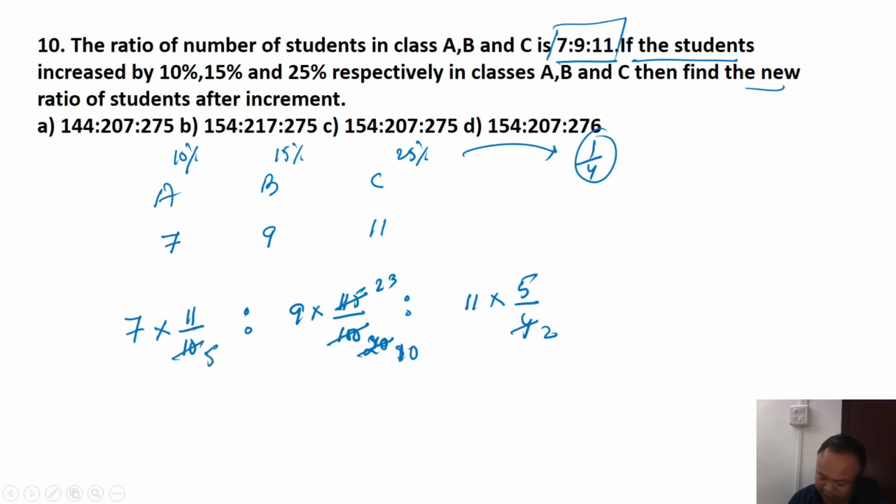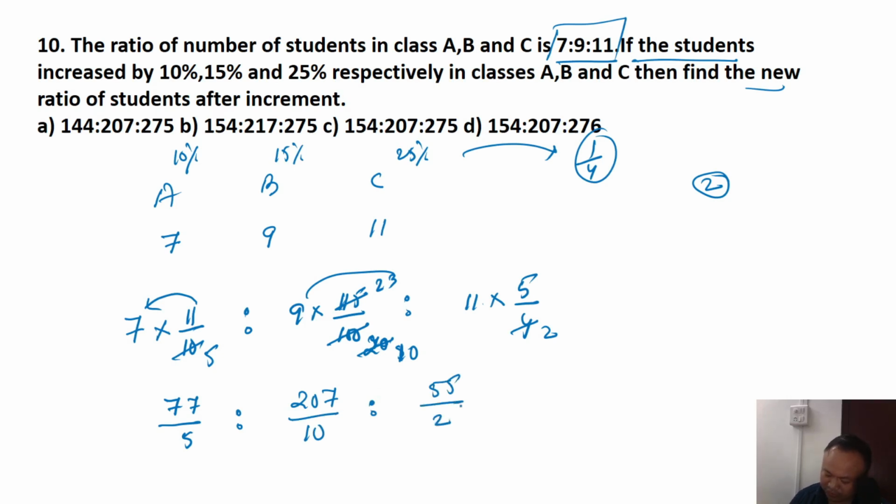So the fraction, 11 into 7, 27 by 5 to 9, 3 7, 9 to 18, 18 plus 2. 80 divided by 11, 5 is 55 by 2 is higher.